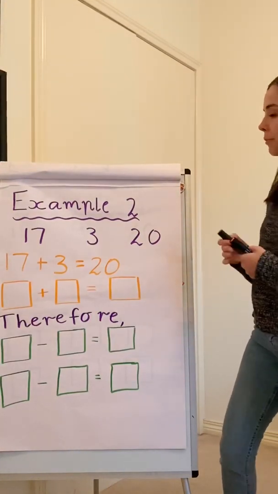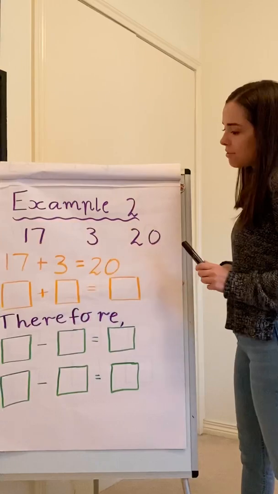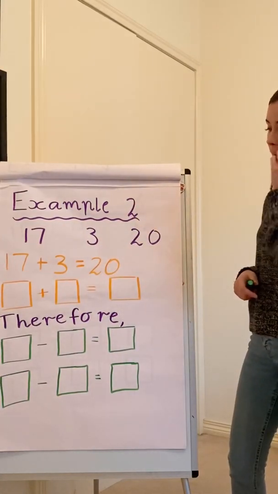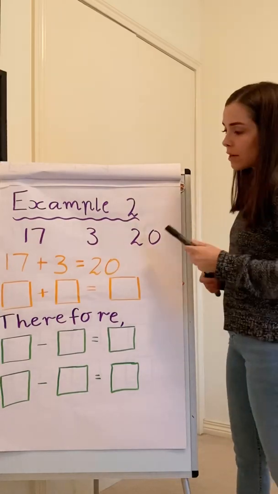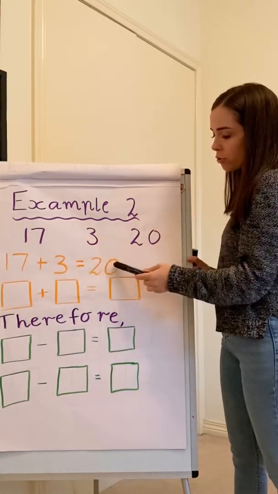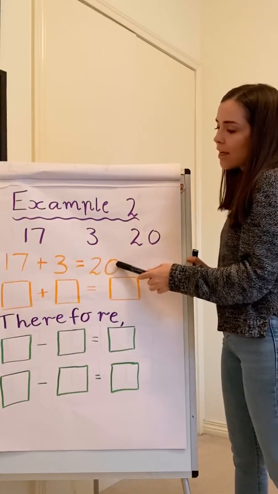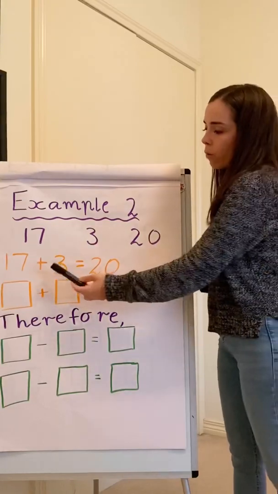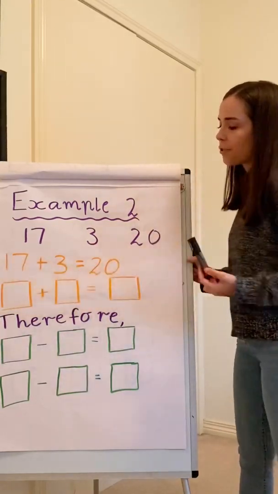Example 2, we're working with the numbers 17, 3, and 20. And we've created our one sum. So I've used 17 plus 3 equals 20. And then we've got to create our 3 for free. Think about what I said about the 17 and the 3.